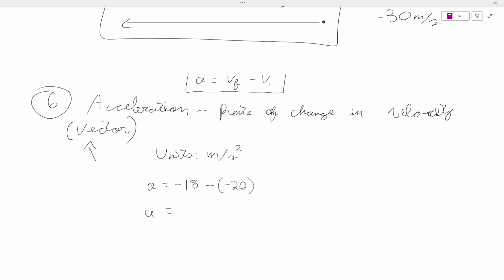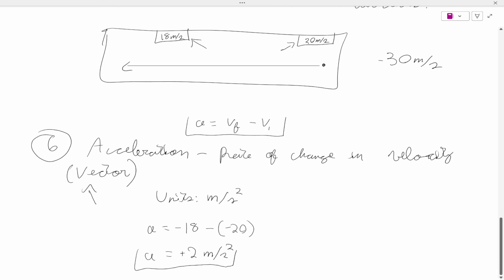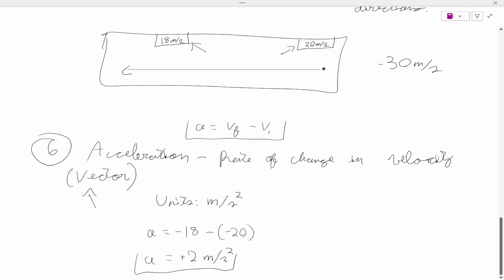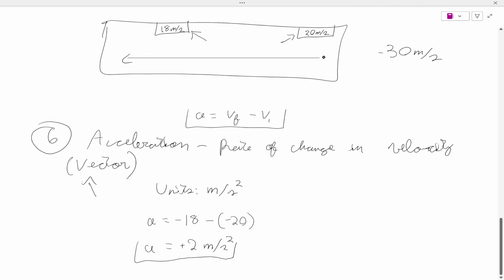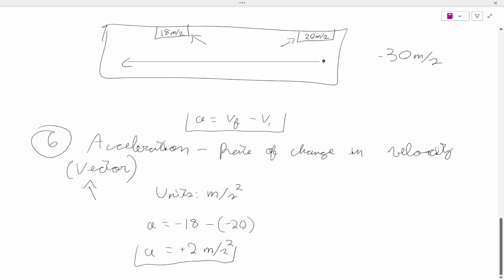So my final acceleration would be negative 18 plus 20, which would be plus 2 meters per second squared. There you go. Now, this can be confusing, honestly. But that's just how it is.